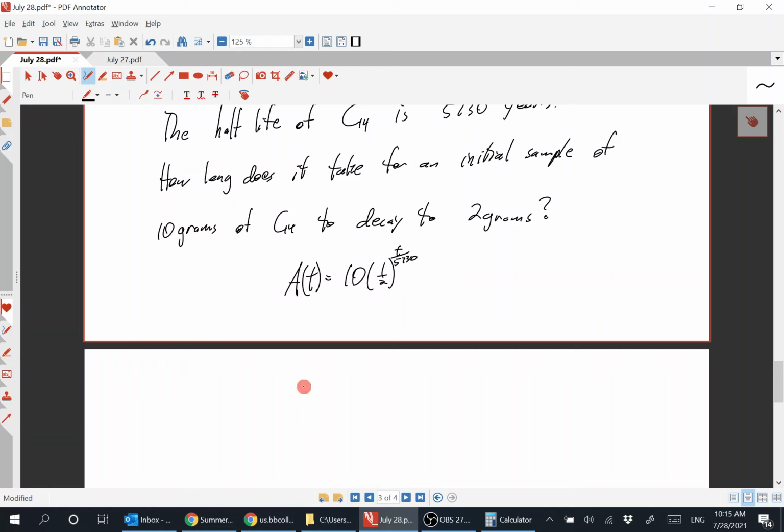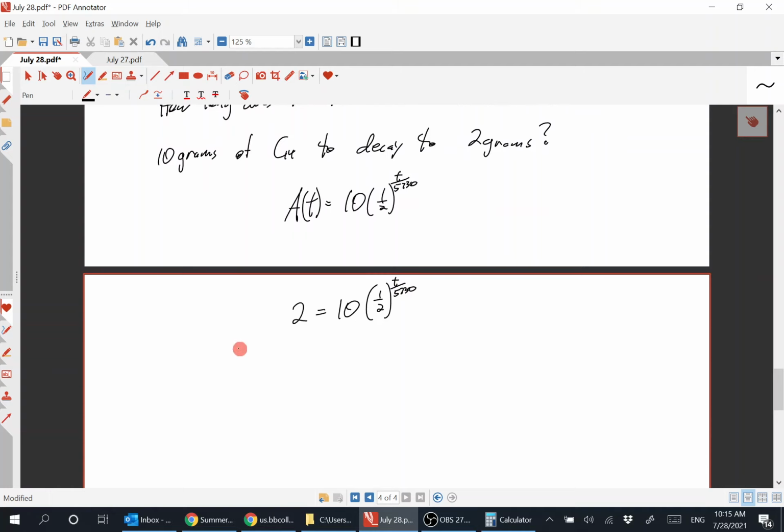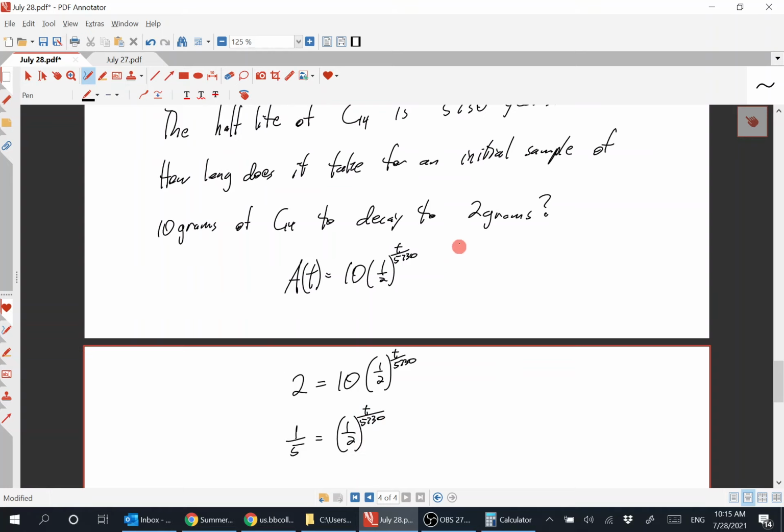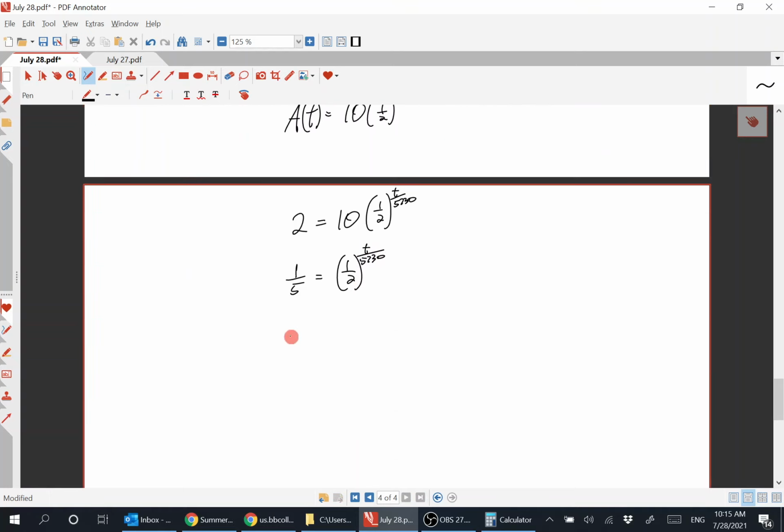Okay, so in this problem, we're looking for 2 grams to be left after so many years. So we solve first for the exponential expression. And once we solve for the exponential expression, we put a log on each side.